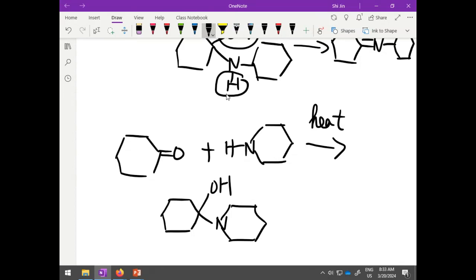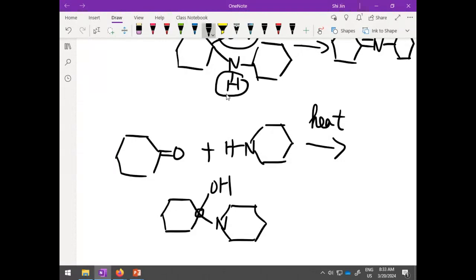But the problem is now there are no NH bonds available. So we know this one is going to be the alpha carbon. So you have to remove a proton from the beta carbon.